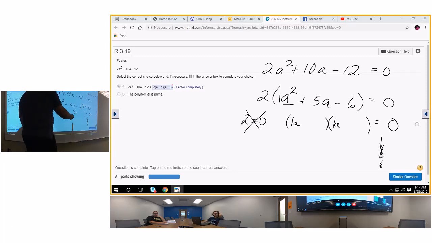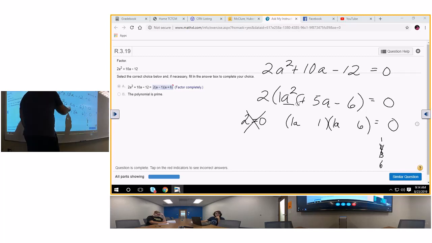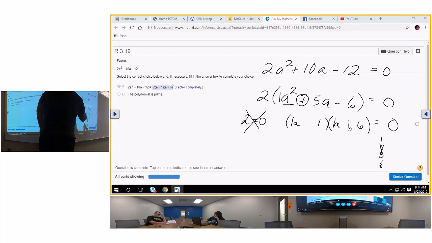The 6 and the 1. So you put a 1 here and a 6 here. This means that the biggest number has to be plus, and this means what? Unlike signs. So your answer is 2 times a minus 1 times a plus 6.